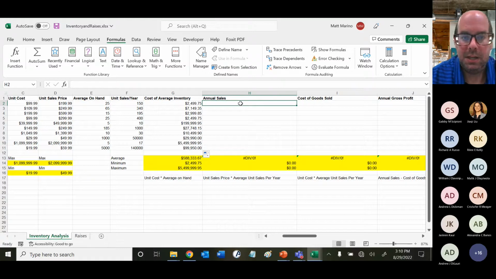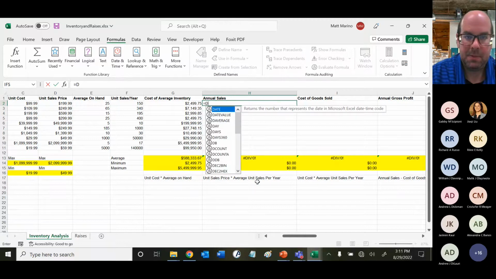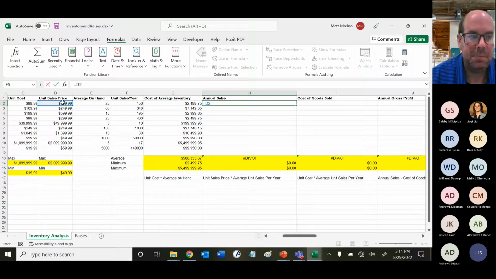Next, for annual sales, we're told that it's our unit sales price times our average unit sales per year. So that is our unit sales price, D2, times our unit sales per year, F2.